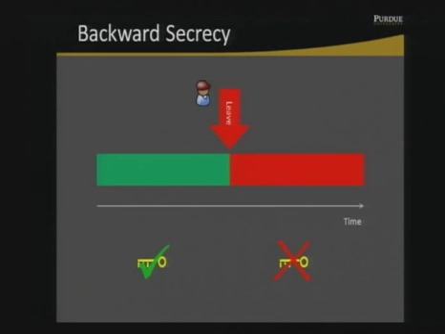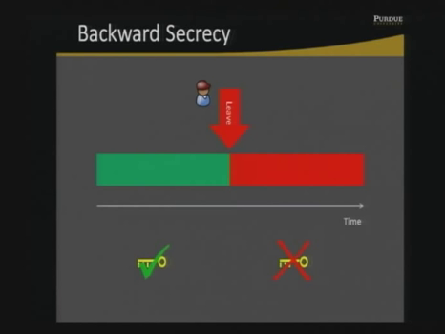Now I will present 3 key concepts that most group key management schemes provide. The first one is backward secrecy. Most systems provide backward secrecy. What it means is, when a user leaves, say for example the company, we don't want that user to access the content published after that.